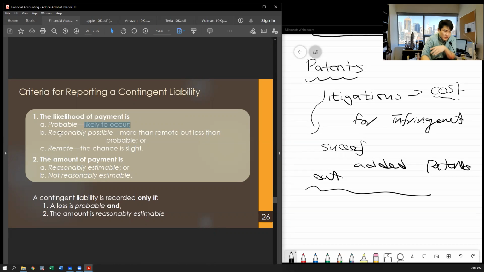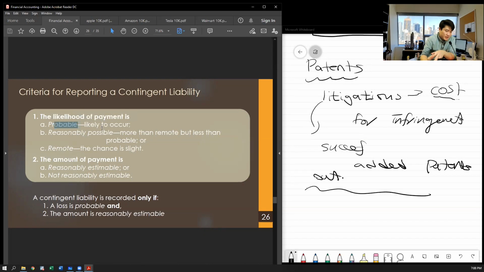Sometimes the lawyers think that there is some reasonable possibility that the company will lose the case and have to pay, or sometimes only a remote possibility. So this probable, reasonably possible, remote is one of the criteria that determines whether the company has to report these contingencies in the financial statement.